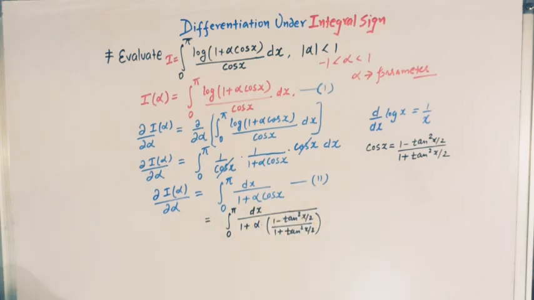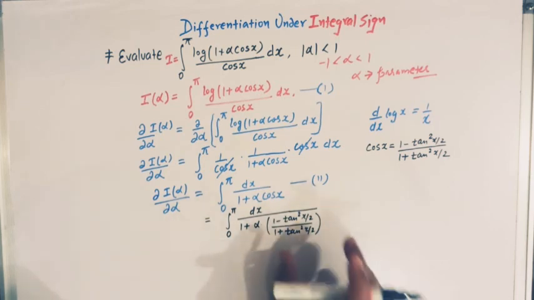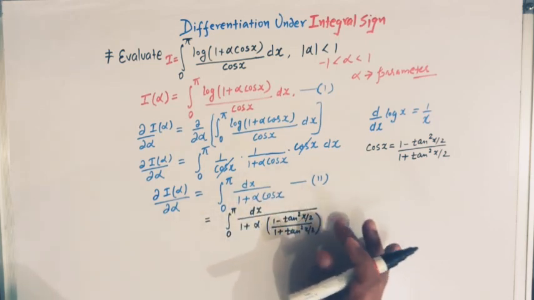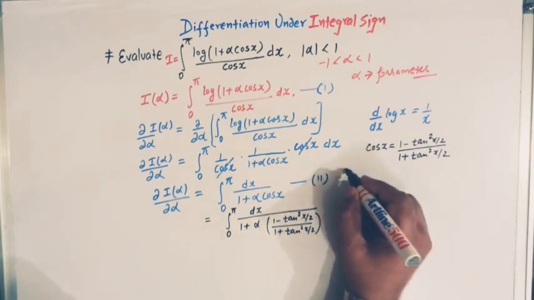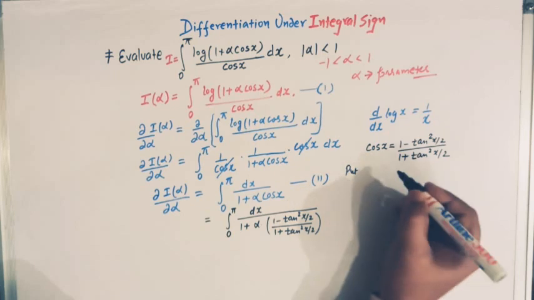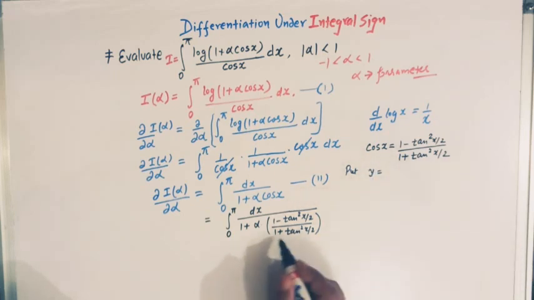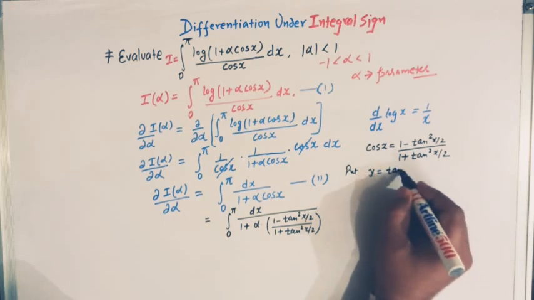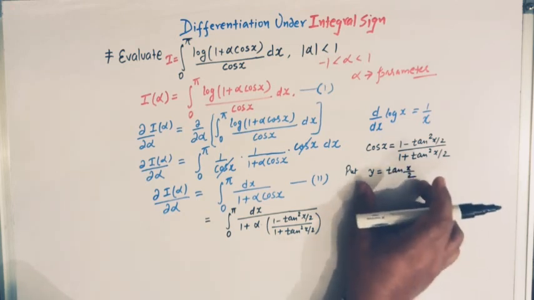Okay, now let us integrate this expression with the help of the substitution method, and let us put y is equal to tan x over 2, right? So we'll make this substitution here.